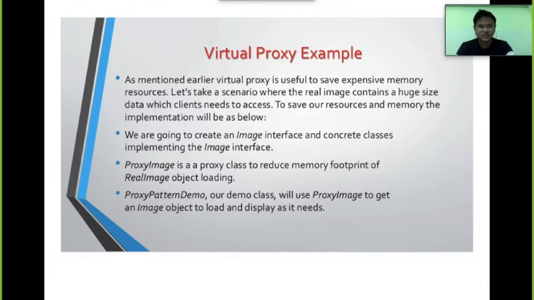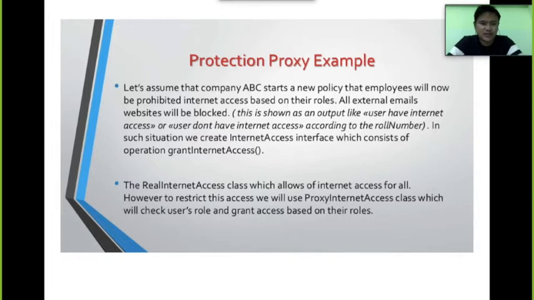The proxy image is a proxy class to reduce the memory footprint of loading the real object, and the proxy pattern demo is another class which will use the image proxy to get an image object to load and display as needed. We created three classes here: the image interface, the real image and proxy image classes, and the proxy pattern demo class. So this is the example of the virtual proxy.